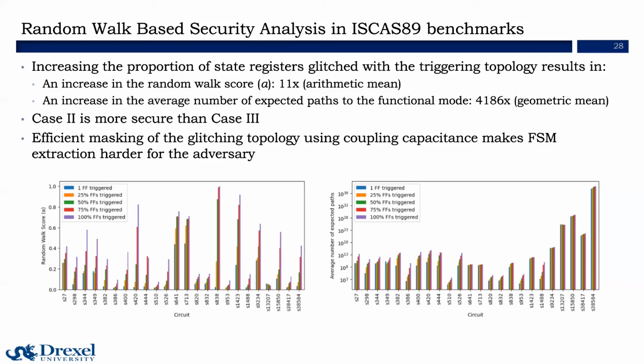Compared to case 3, case 2 has 11 times greater random walk score on average, and the geometric mean of the average number of expected paths is 4,186 times higher. This shows that case 2 is more secure than case 3, and efficient masking of the glitching topology using coupling capacitance makes random walk-based activation sequence extraction harder for the adversary.